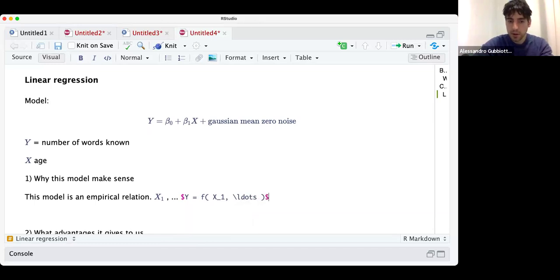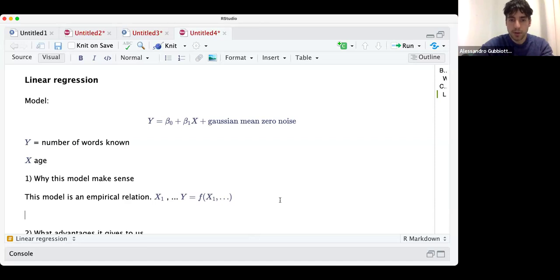Probably this is not possible, but maybe, getting a lot of data from this child, we would like to have this kind of deterministic causal relation. I give you all the data of the particular child chosen, and I can tell you precisely how many words he knows.